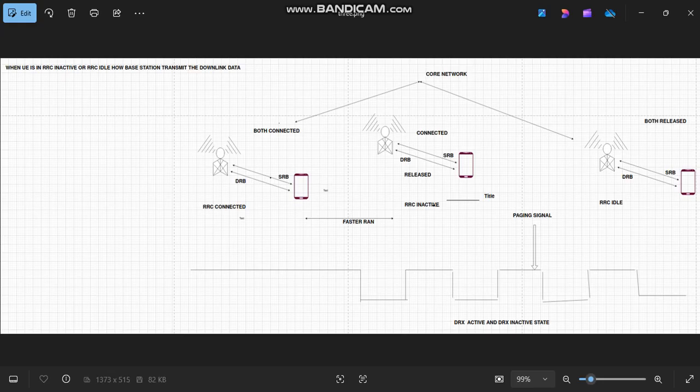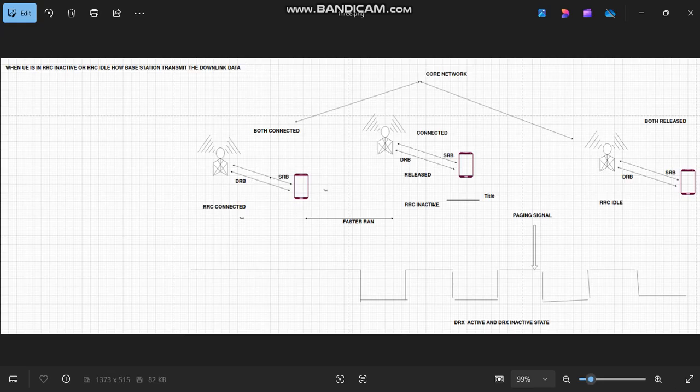In the word itself, discontinuous reception means there should be discontinuity in the sleepy mode. So discontinuous reception should happen. So at the active state, if the paging signal is received from the base station, it should be in the state of receiving that downlink data sent from the base station.